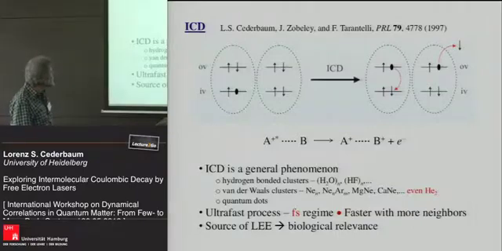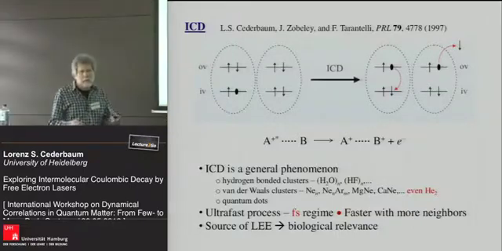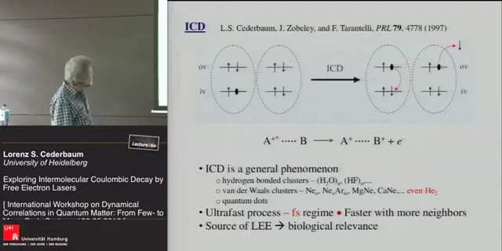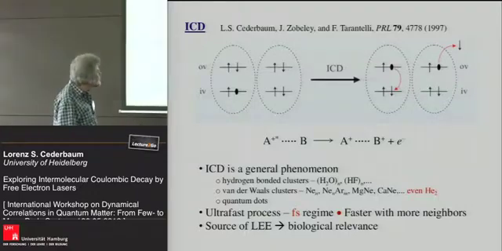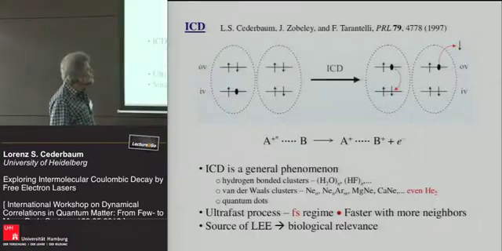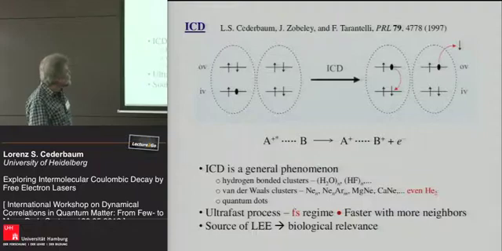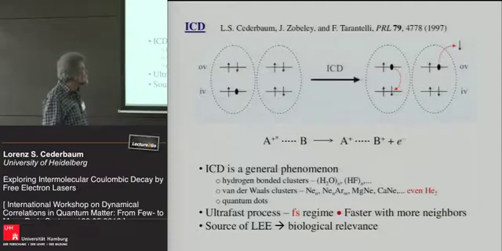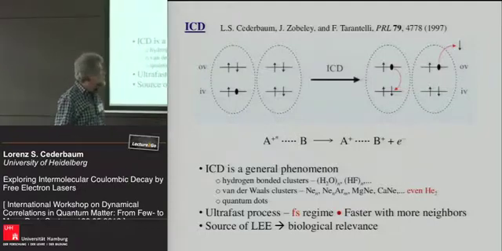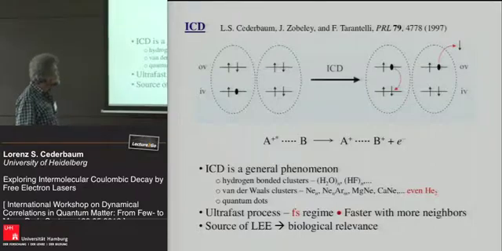If it was isolated, it can only decay by emitting a photon. But having a neighbor, the energy can be transferred to the neighbor, and you can kick out an electron from the neighbor. So you have two ions at the end. You started with one ion, and you have a neighboring ion, and then you have a Coulomb explosion. These two will just fly apart, and this gives additional damage to the system.